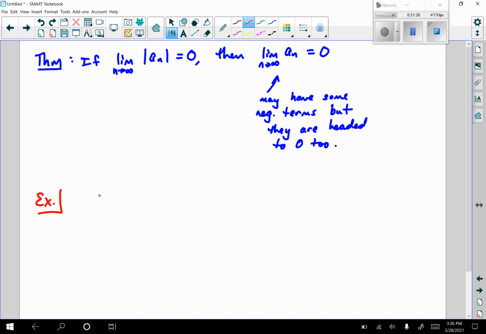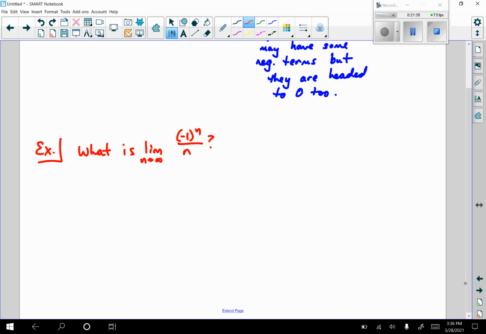So let's get back to some examples. What is the limit as n approaches infinity of -1 to the n over n? So let's write this out.